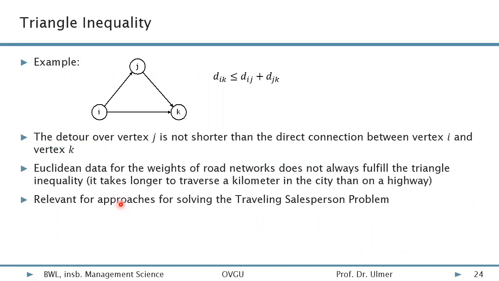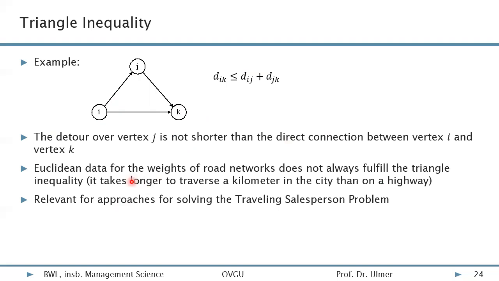One is the triangular inequality, which always holds in the Euclidean plane: it's always better to go directly than to take a detour. So d_ik, the distance from i to k, is smaller than or equal to d_ij plus d_jk. The detour is not shorter than the direct connection. For Euclidean data, that works.